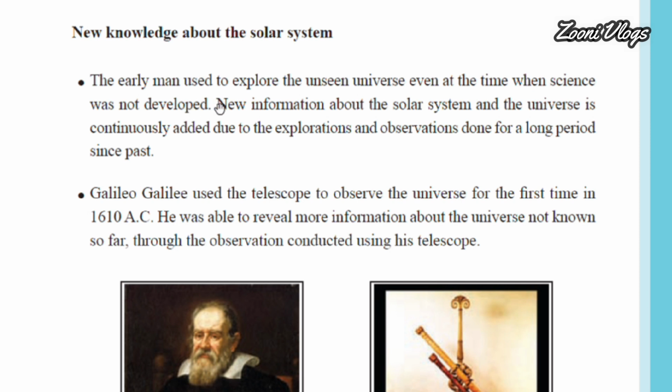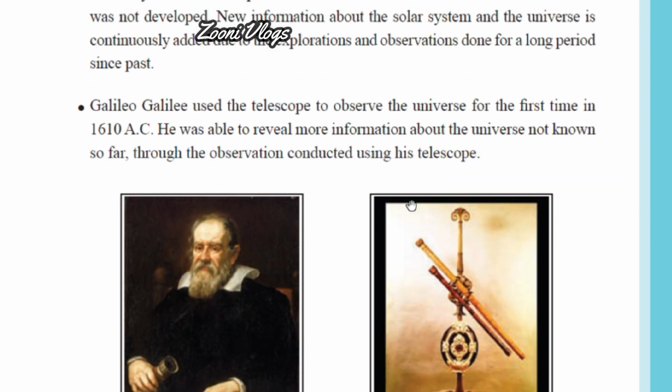New information about the solar system and the universe is continuously added due to the exploration and observation done over a long period since the past. Galileo Galilei introduced the telescope to observe the universe for the first time in 1610 AD.